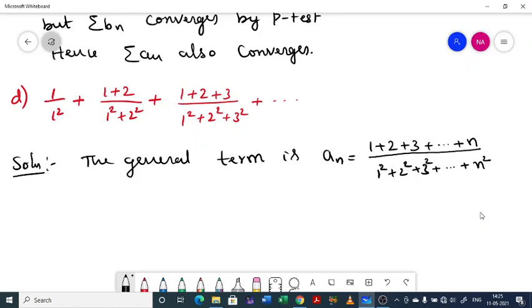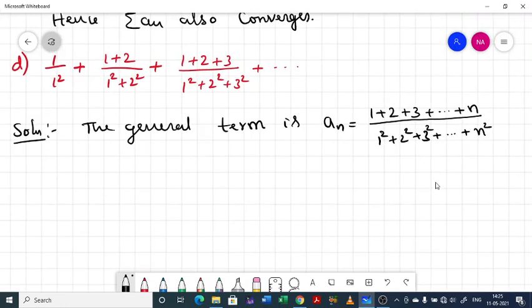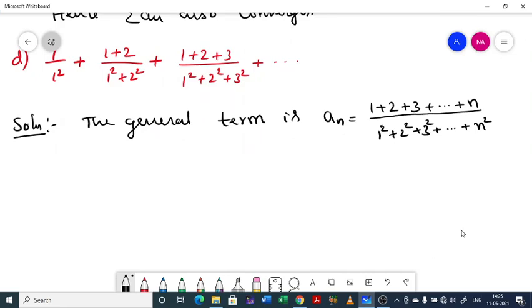But see, if you have an in this form, applying comparison test is very difficult. So you have to write the formula for that sum. You know that 1 plus 2 plus 3 plus and so on n is equal to n into n plus 1 by 2.